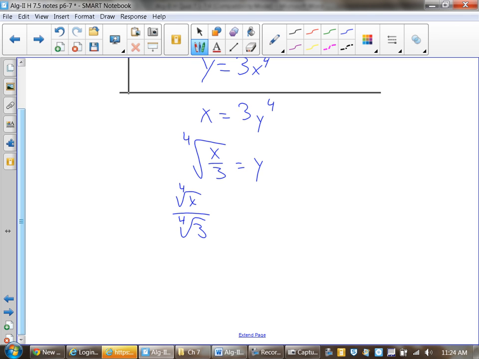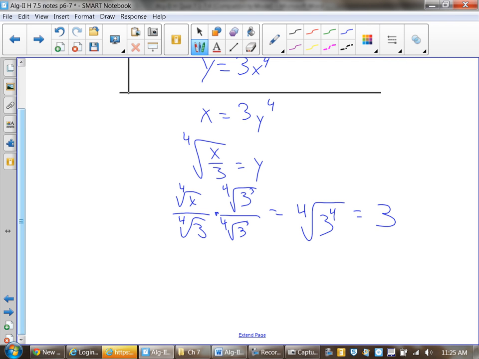Do you agree? All right. If I want to turn that into a perfect 4th, how many more powers of 3 would I need? 3 of them. So what I'm doing here is I'm going to multiply the numerator and the denominator by the 4th root of 3 cubed. When I do that, I get the 4th root of 3 to the 4th, which allows that radical to simplify out.